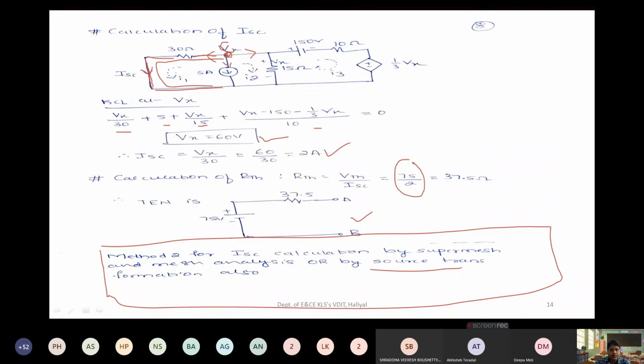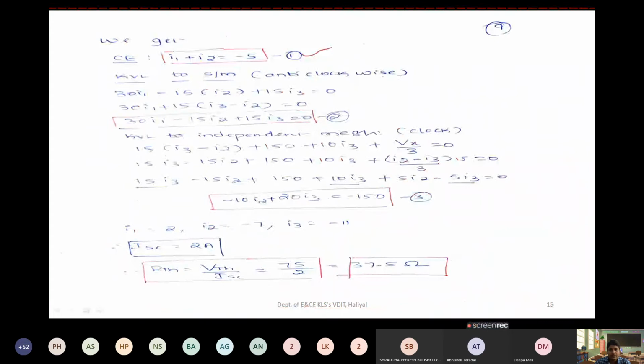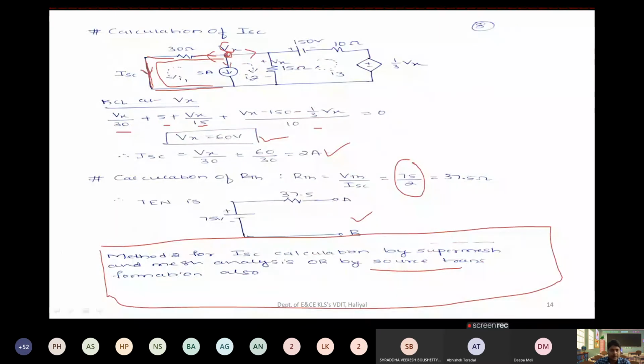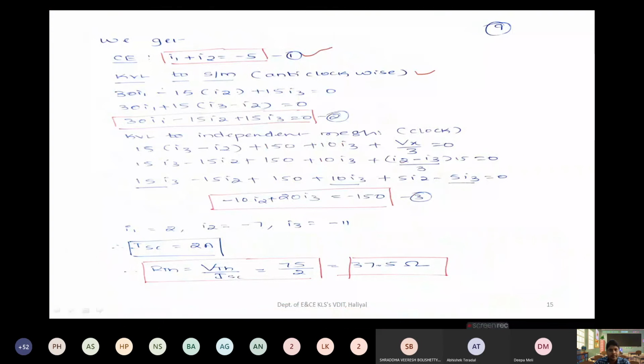Next, if you apply the KVL to the super mesh and the non-super mesh, I have clearly written that I am going anti-clockwise. So if you go anti-clockwise, what do you get? Just check here: 30 times I1.